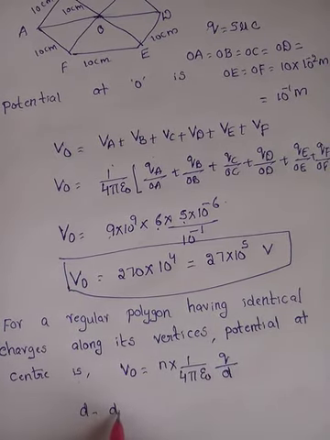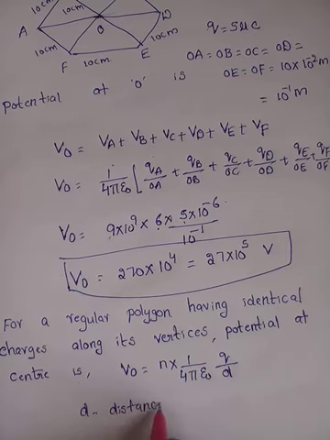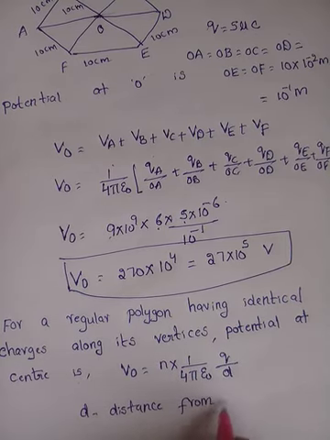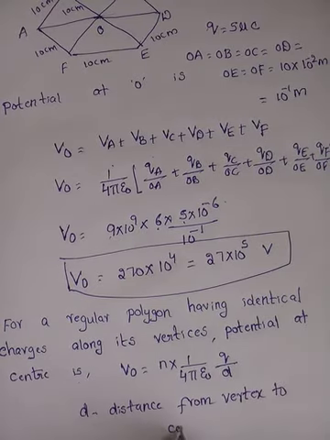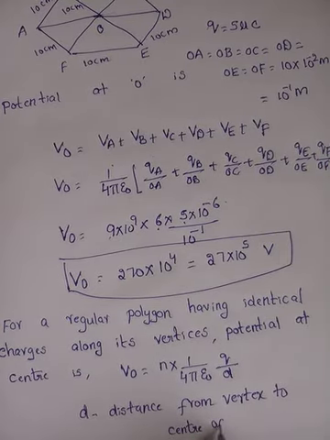D is the distance from where to where? From the vertex to the center of the polygon.